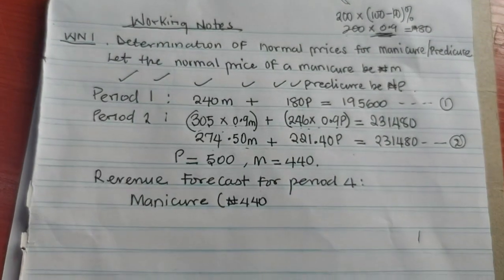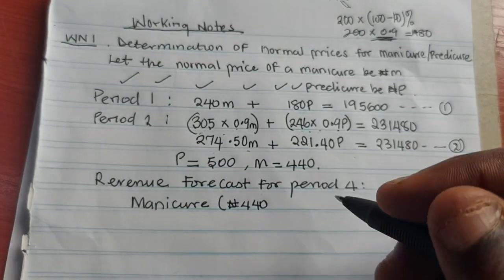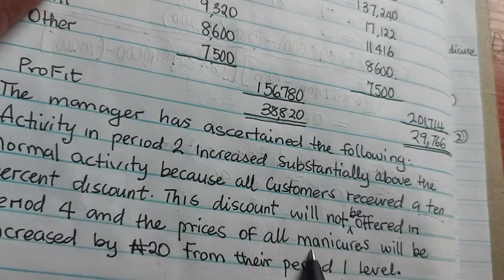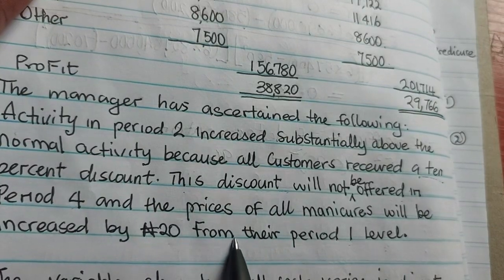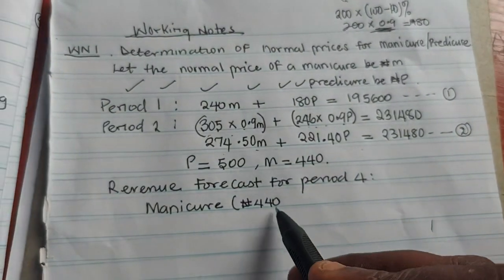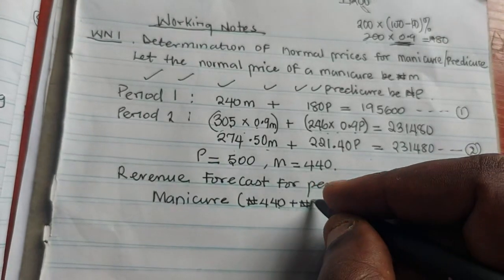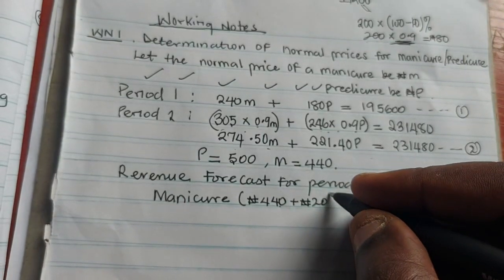Don't forget, we are told that for the manicure, it is going to increase by 20 naira. The price of manicure will increase by 20 naira from period 1. So if this is the price of period 1, it will increase by 20 naira.